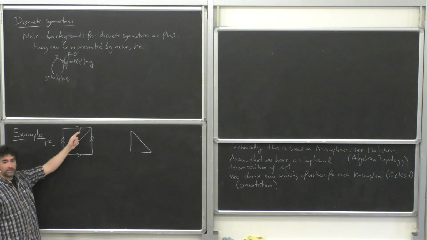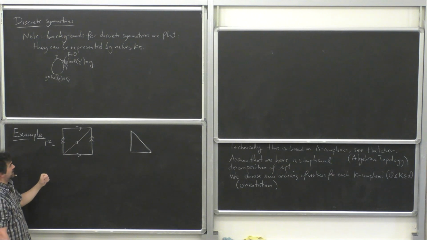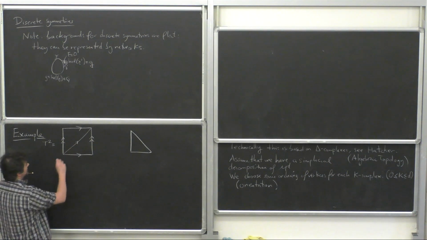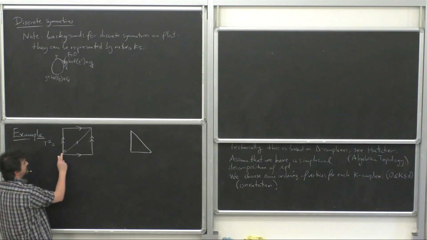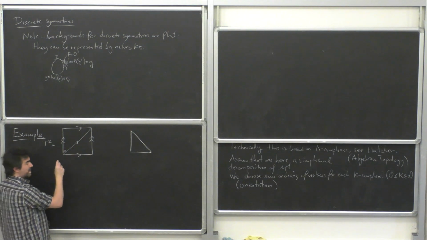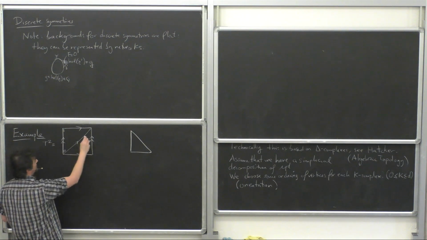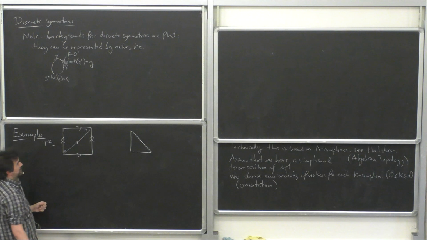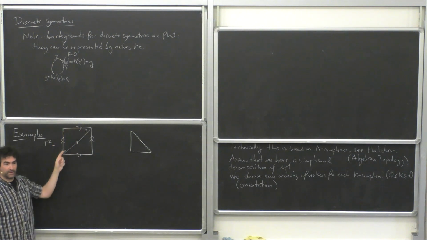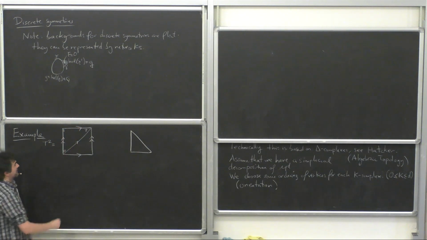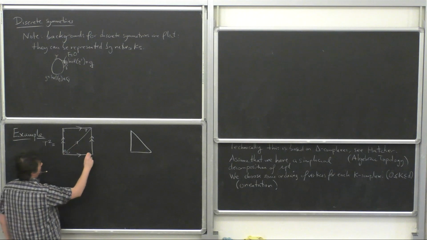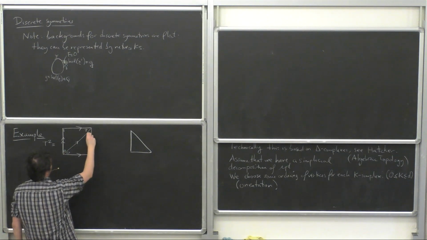I drew my arrows in such a way that I can read the orientation from these arrows, meaning that if this is 0, the label increases as I move with the arrow. So this is 0, then this is 1, and then this is 2. This is the only assignment which is consistent for this simplex, which follows the direction of the arrows. Similarly here, if I call this 0, because there are 2 arrows going out, I can call this 1, and I can call this 2.